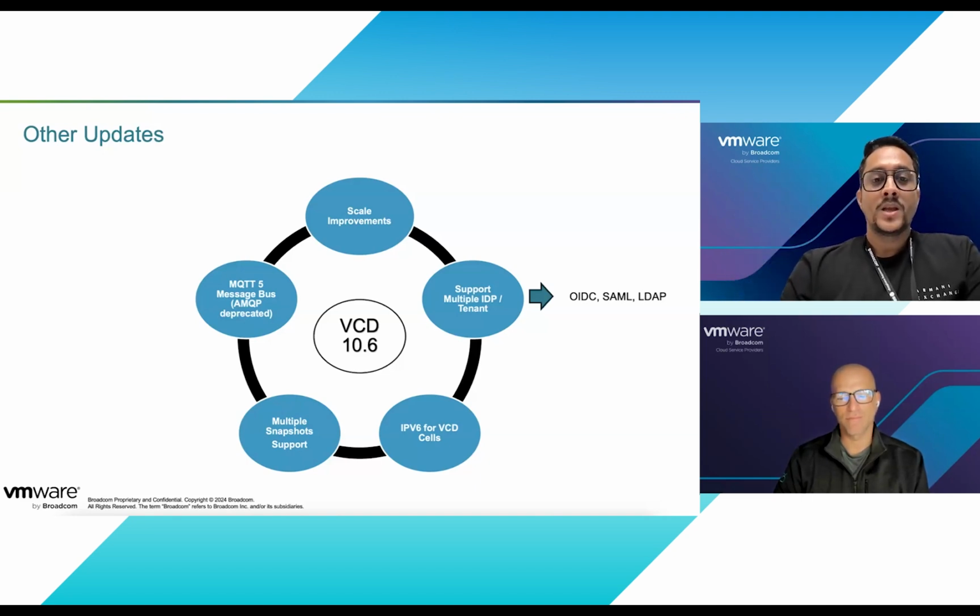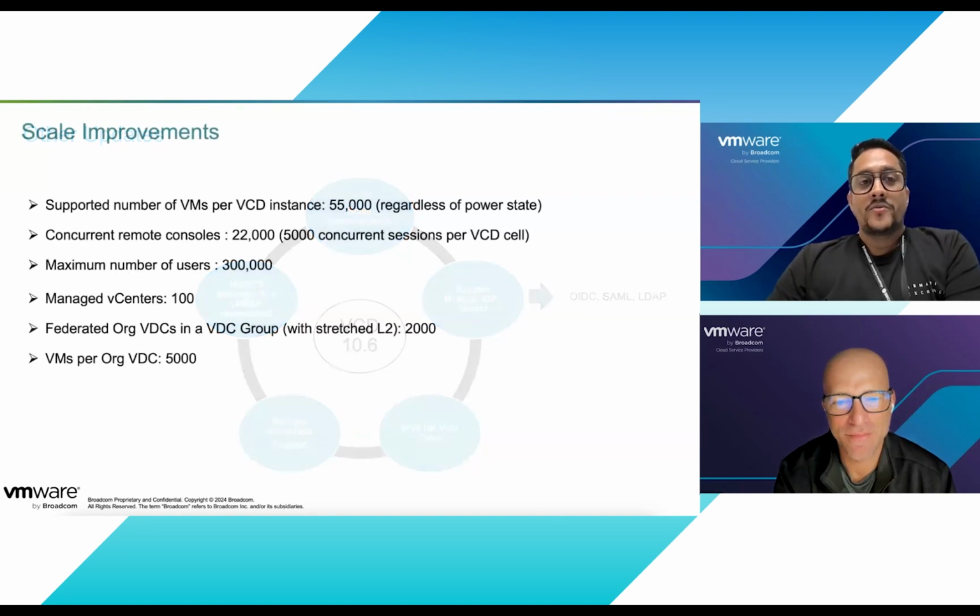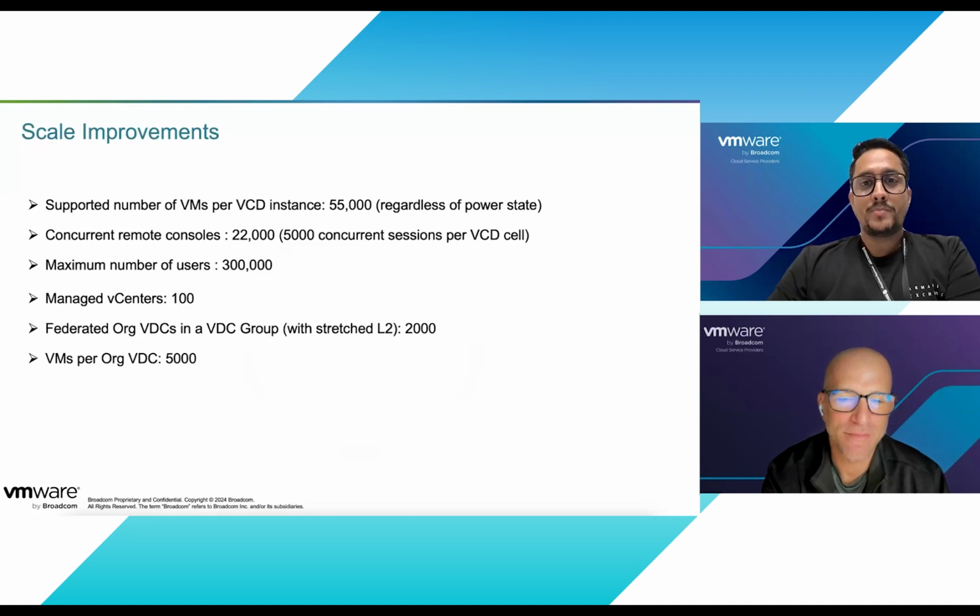Okay. And from a messaging queue perspective, we are deprecating the AMQP messaging protocol, and we will now only support the MQTT5 messaging bus. All right, from a scale improvement perspective, we have increased the config maximums for a lot of important features.